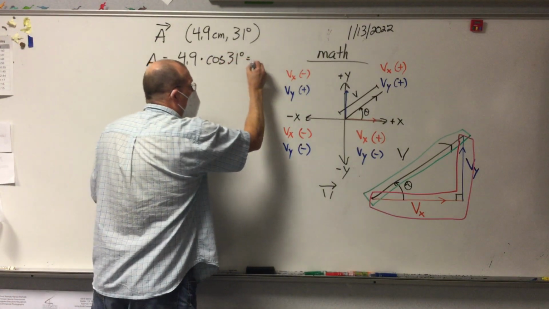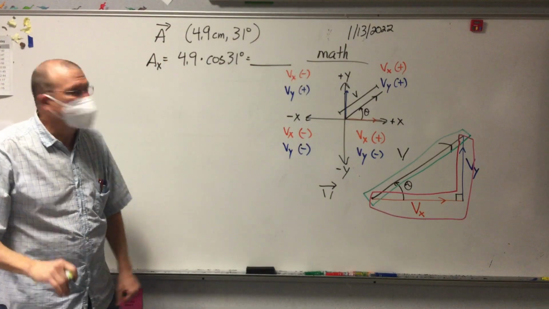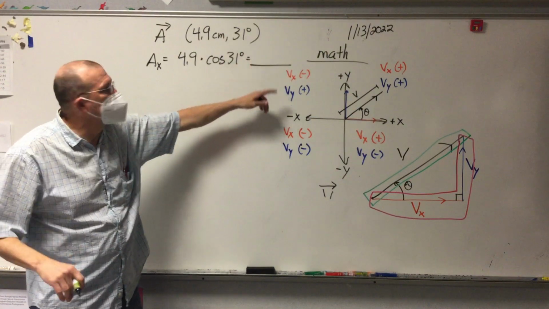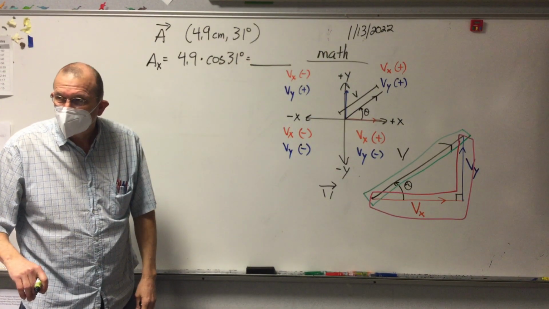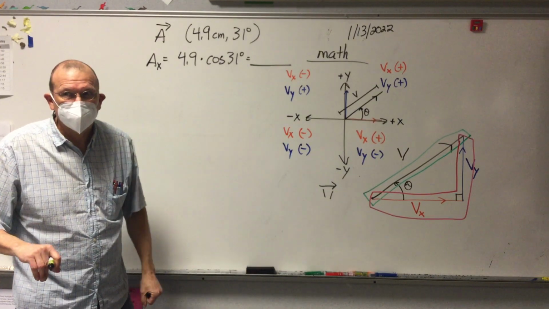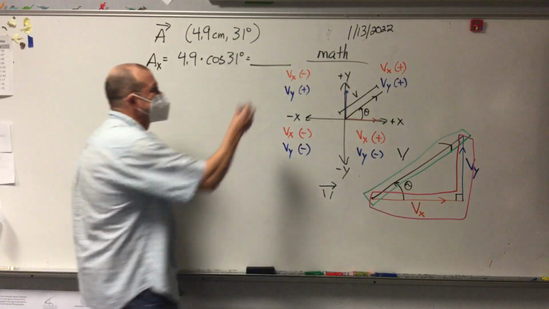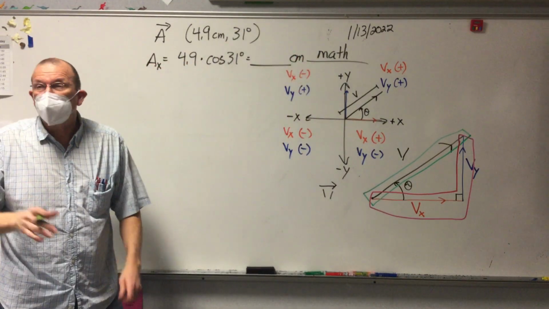And then you are going to calculate that. And this is where I'm going to get super picky again. You're going to get a number. What should go on that number? Components have units.